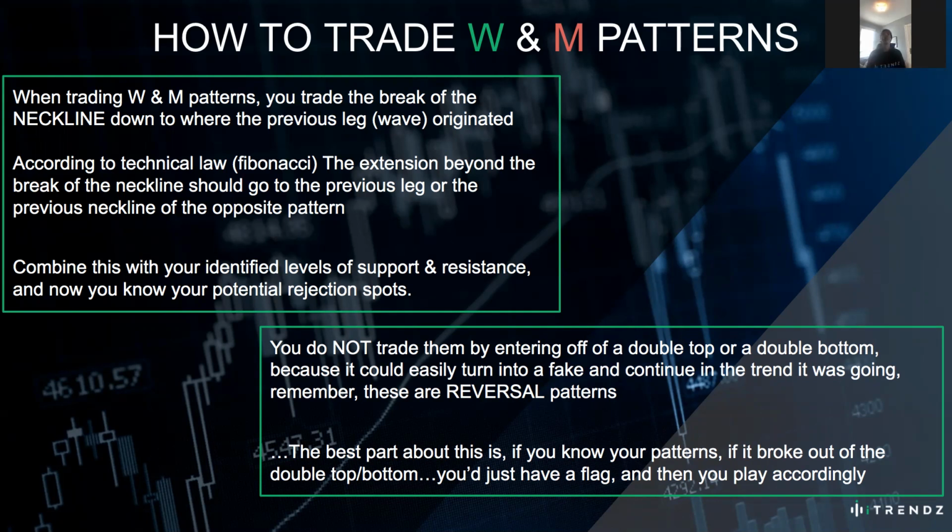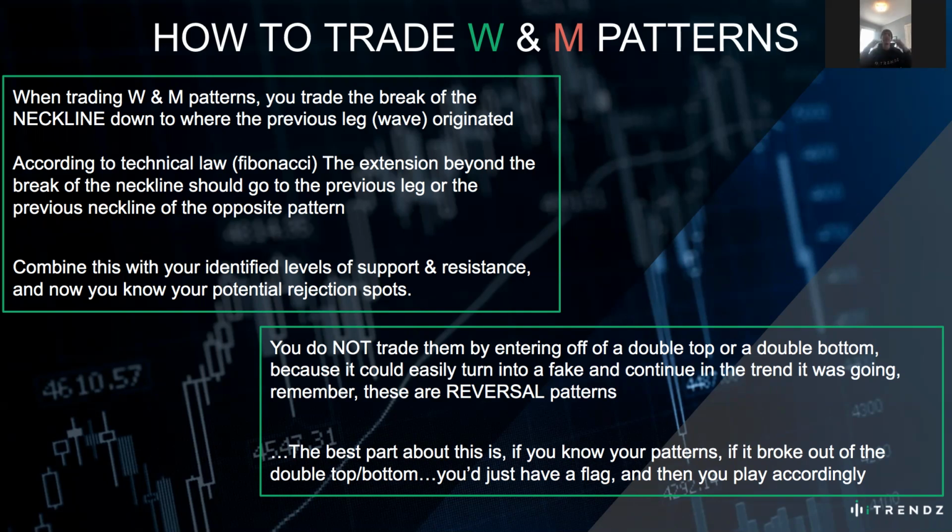So what you don't do is you don't trade them by taking an entry off of a double top or a double bottom, because that could easily turn into a fake or continue the trend upwards. And if you get into that trade, you would have gotten stopped out, you would have lost some money, and those would have been a continuation. But these are reversal patterns.